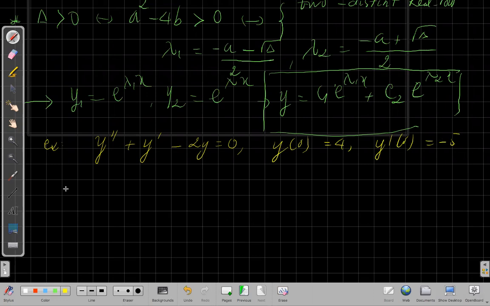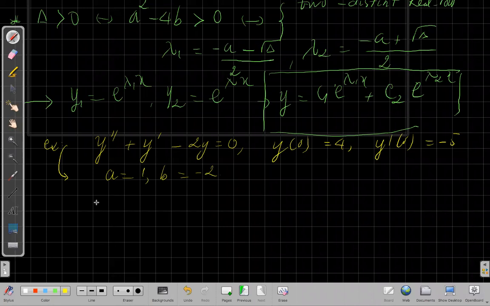Okay, so from this equation we can figure out the characteristic equation. In this case, we have A equal to 1 and B equal to minus 2.